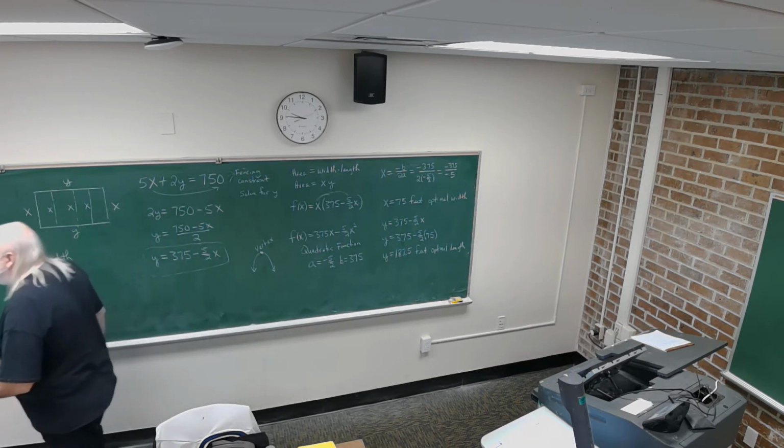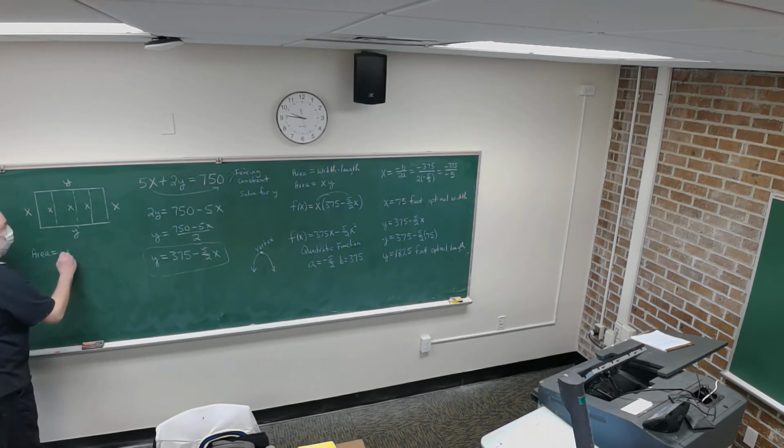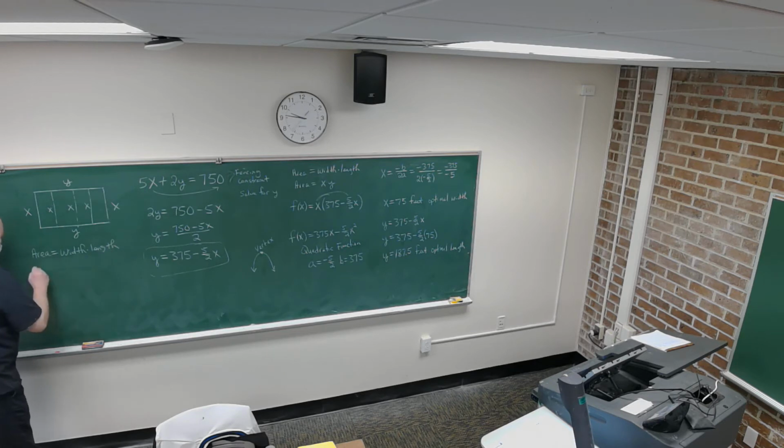So the question is, what is the largest possible total area of the 4 pens? Well, area is, right, width times length, which is x times y.